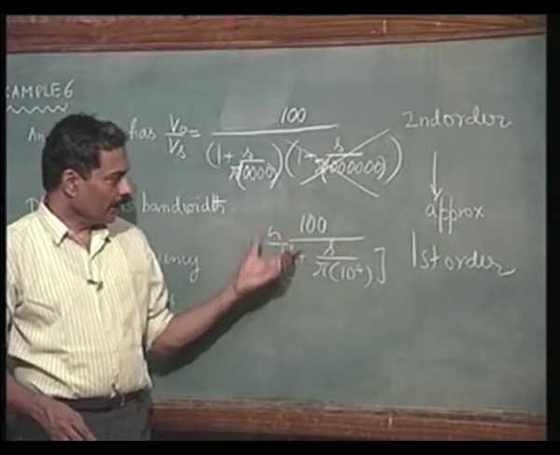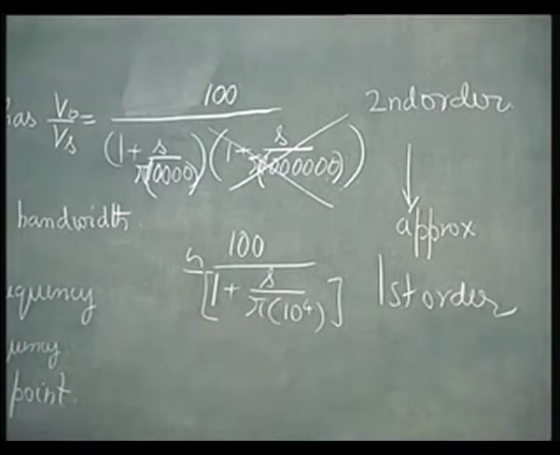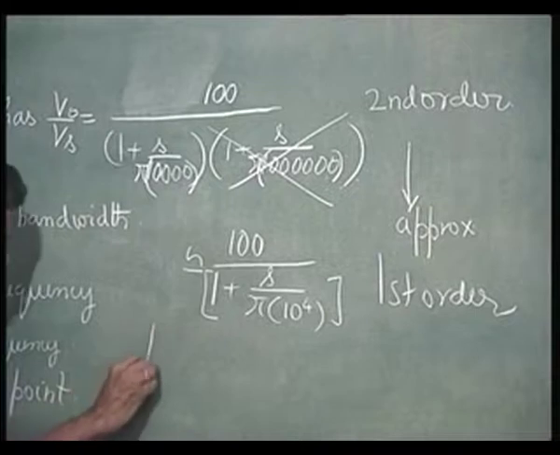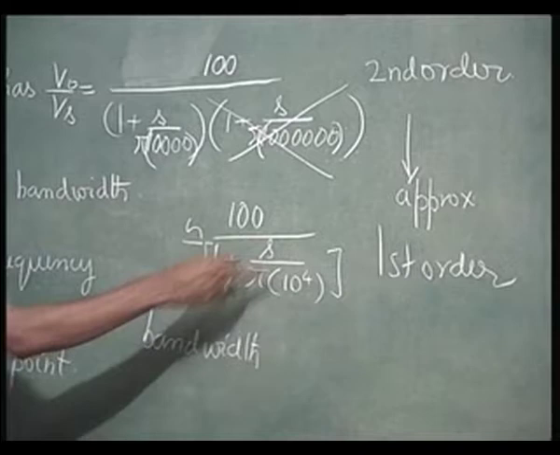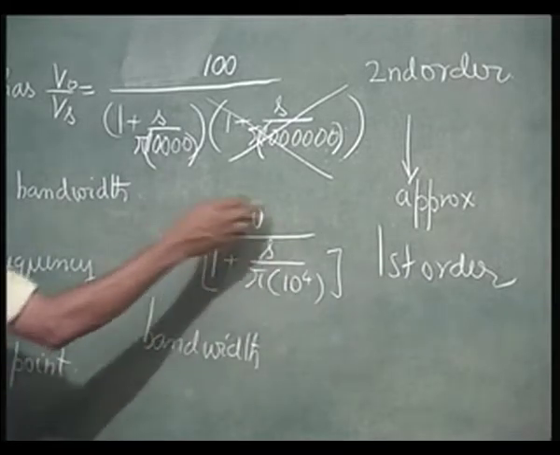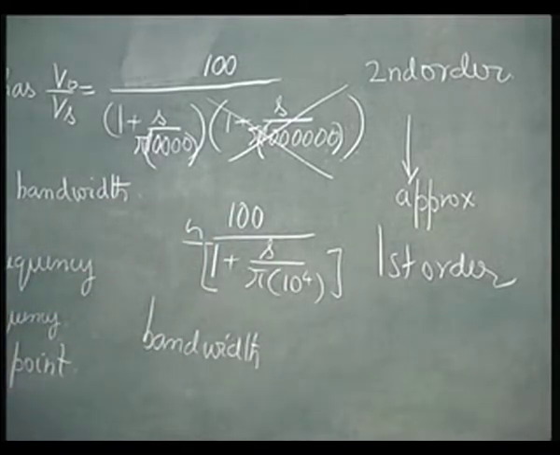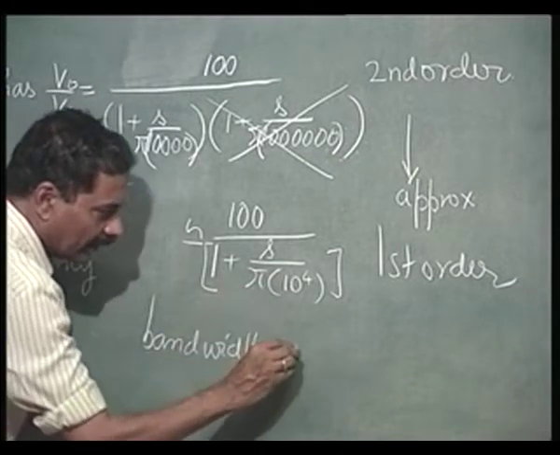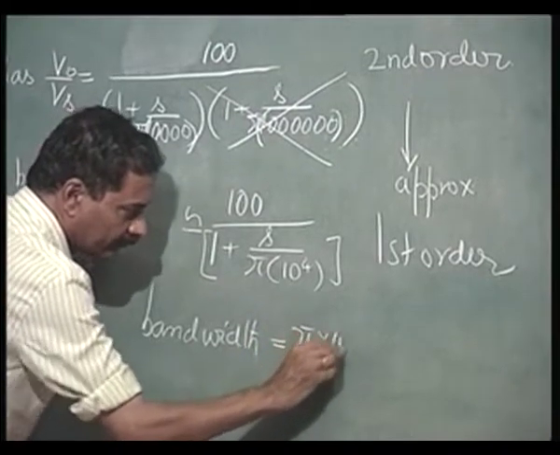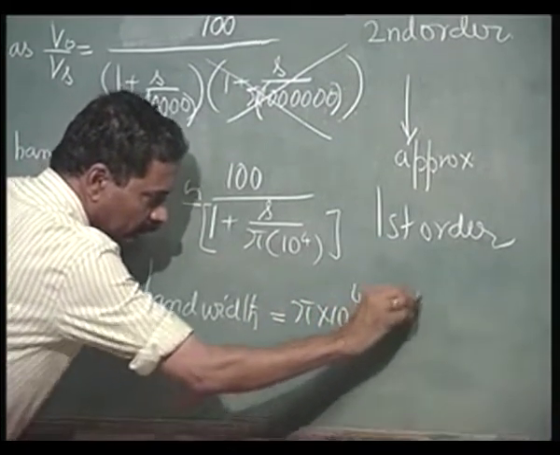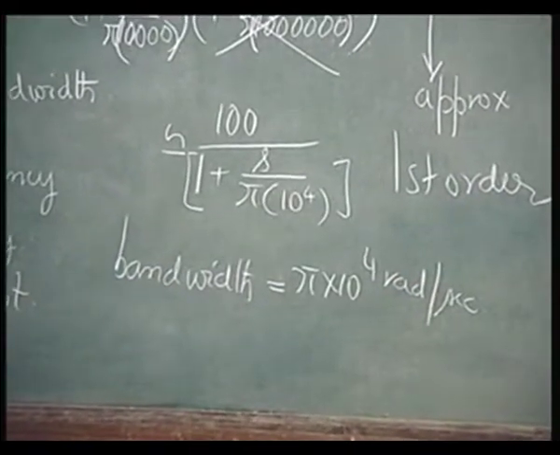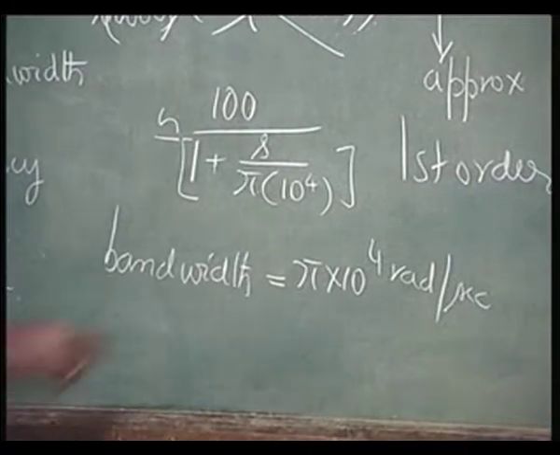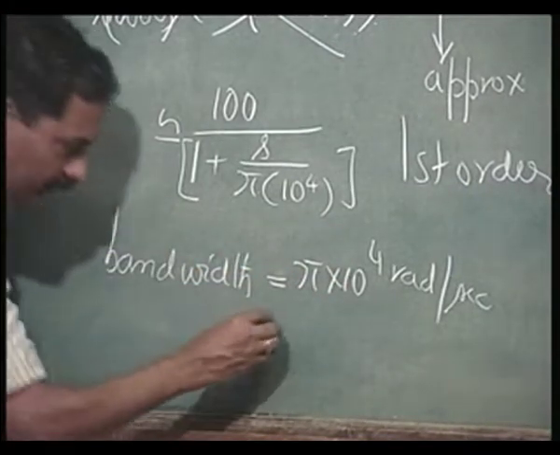So, 100 divided by this, and then the bandwidth becomes, because S is equal to j omega is substituted, and this whole quantity should become equal to 1. That means that is the bandwidth. So, bandwidth becomes equal to this itself. So, if you want to convert this from radians per second into hertz, then you have to divide it by 2 pi.